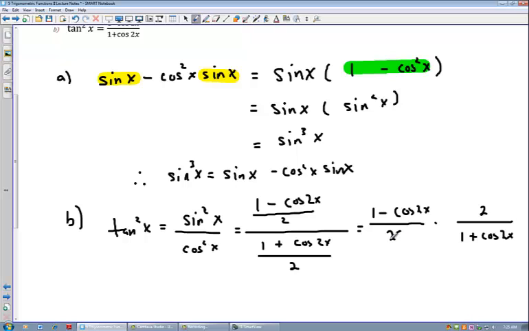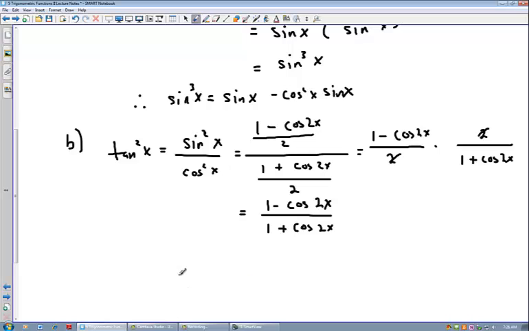And so these cancel, and you're left with 1 minus cosine of 2x, all divided by 1 plus cosine of 2x, which is where you want it to go. And so therefore we know that tan squared of x is actually equal to 1 minus cosine of 2x over 1 plus cosine of 2x.